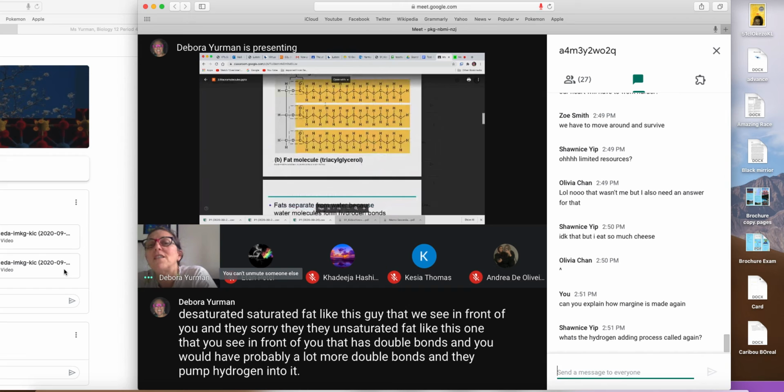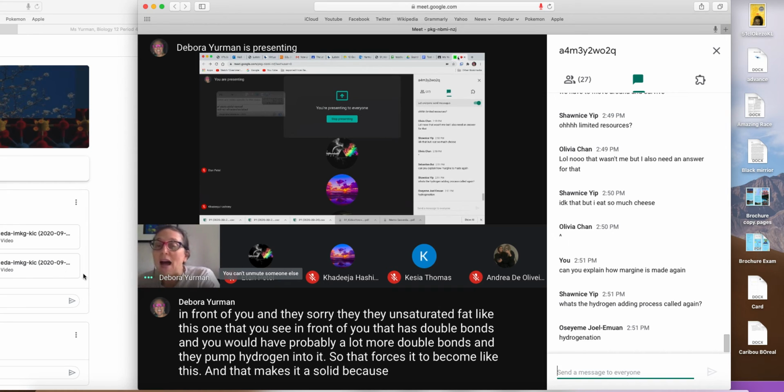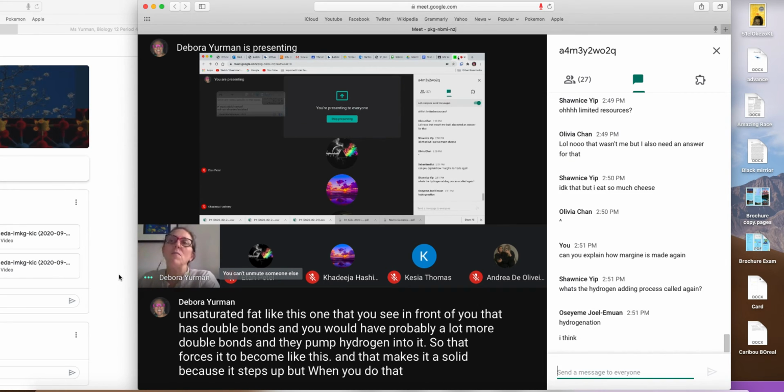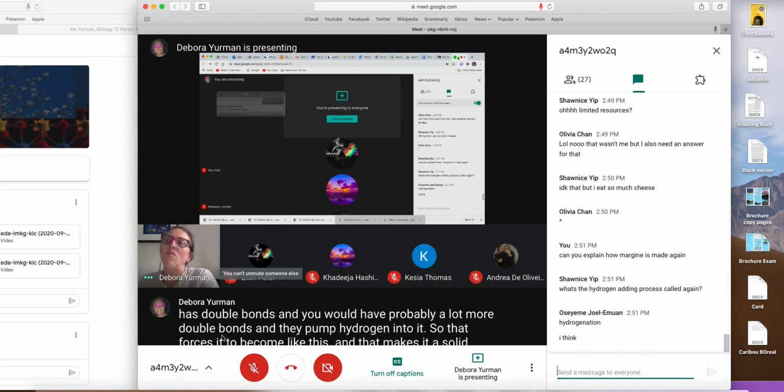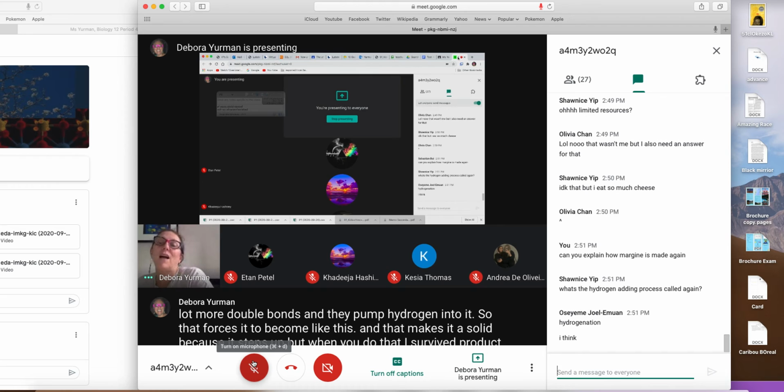That forces it to become like this, and that makes it a solid because it stacks up. But when you do that, as a byproduct, a little bit of the oil converts into a trans fat, and that one is the one that catches you. That's the one that is bad for you.